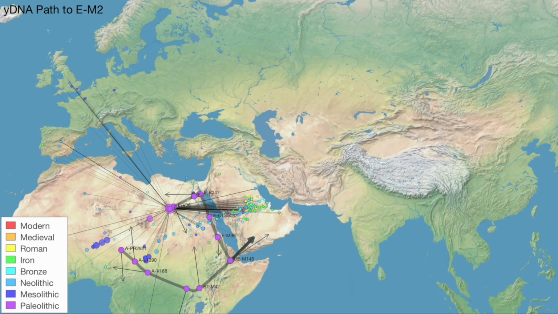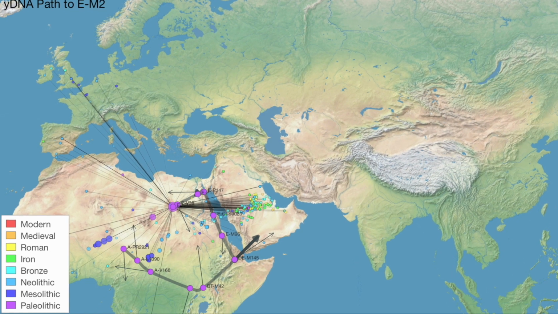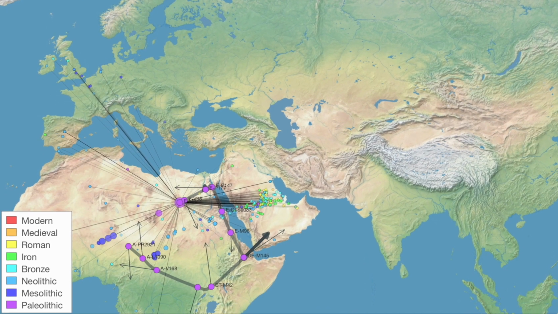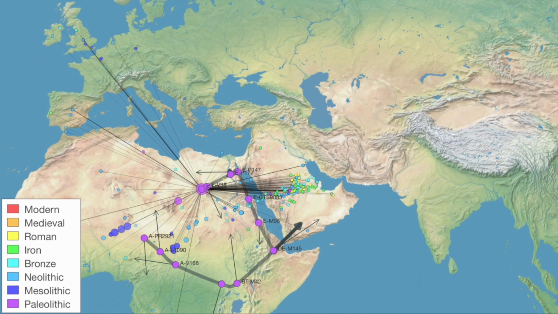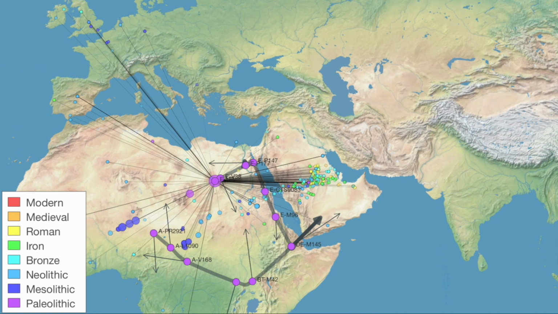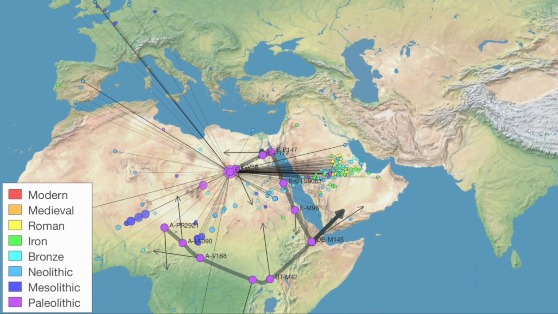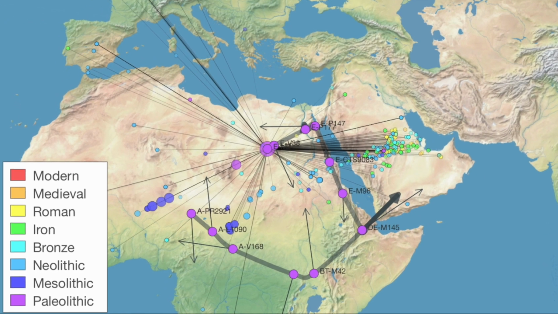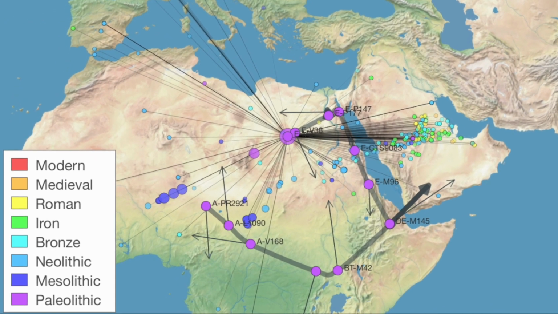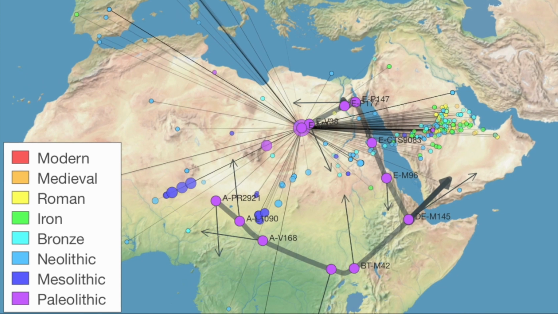If you go to SNP Tracker online right now, you can find Bronze Age and Iron Age and even Roman Age era E-M2 or E1b1a in the Arabian Peninsula and the Middle East. But here are two clips that will illustrate the ancient presence of haplogroup E, even E1b1a, in the Middle East.